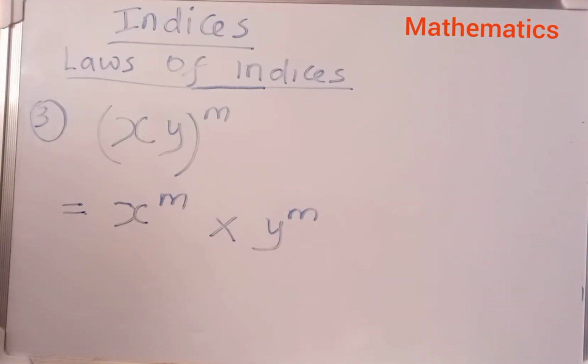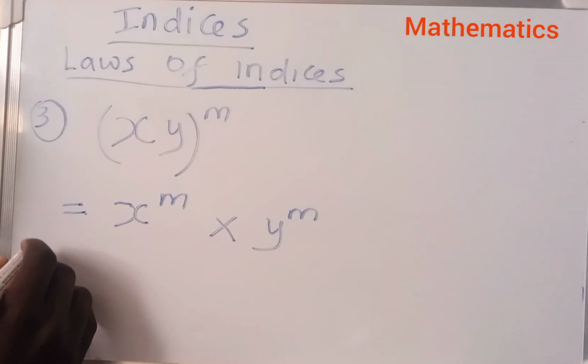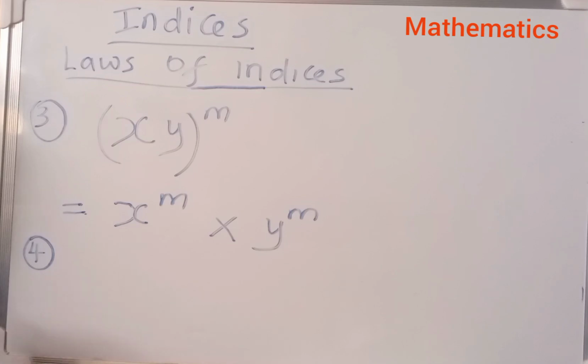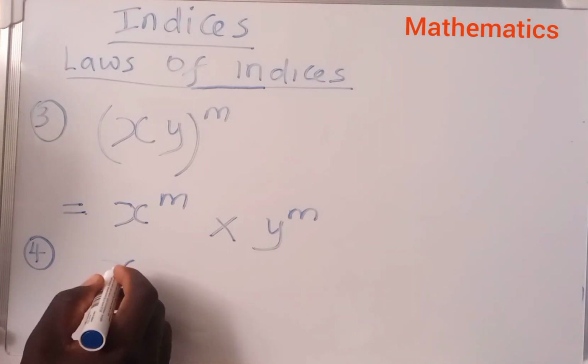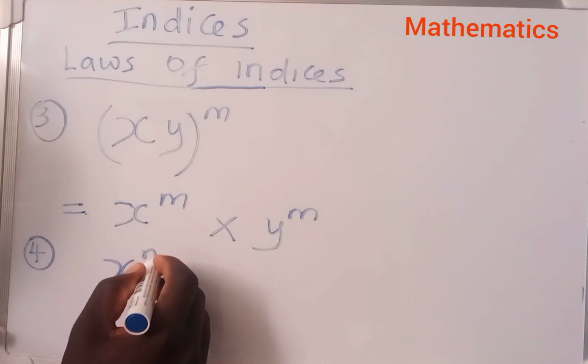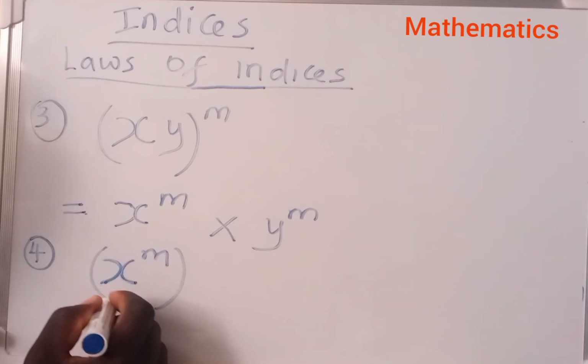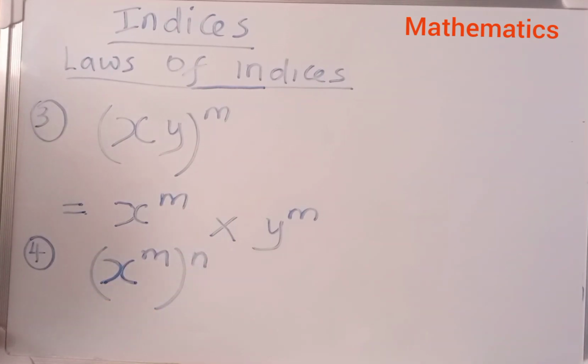Now, we also have another law. That is the fourth law of indices. The fourth one is x raised to m, then we close the bracket, raised to n again.